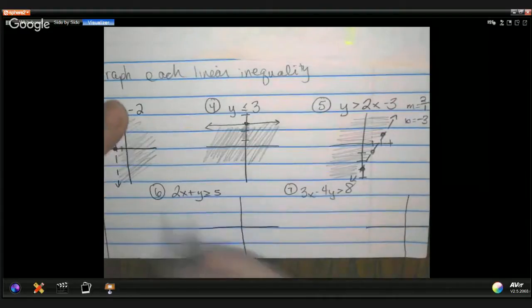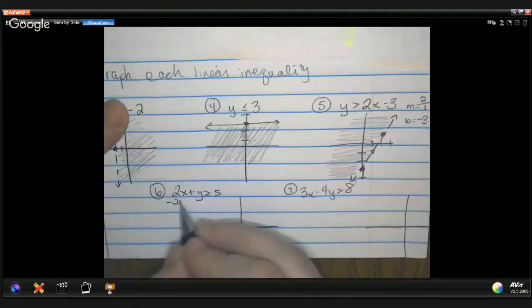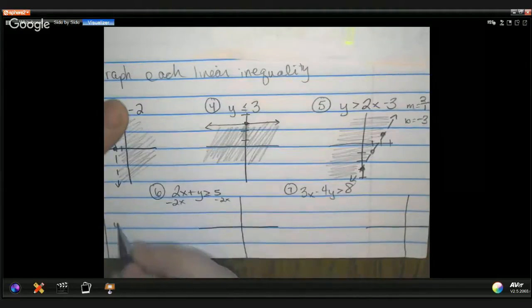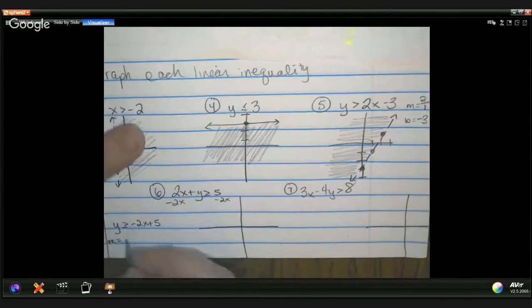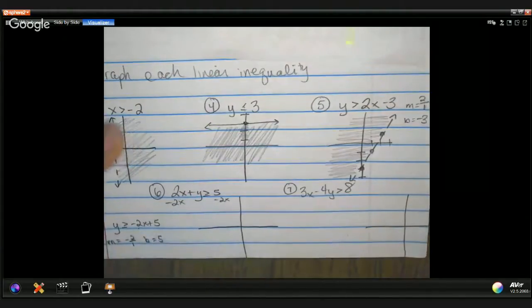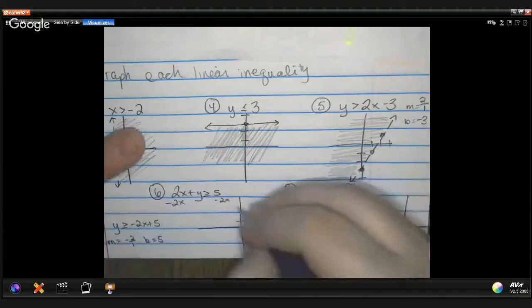Okay, so for number 6, the first thing you need to do is move this 2x, and we subtract it. So I get y is greater than -2x plus 5. My m is right here, -2 over 1, and my b is 5. So I'm going to go up 5.